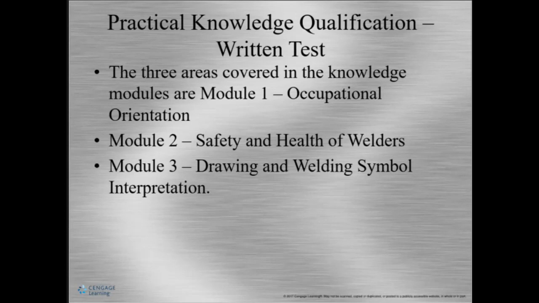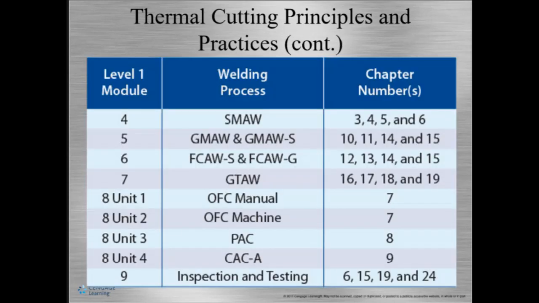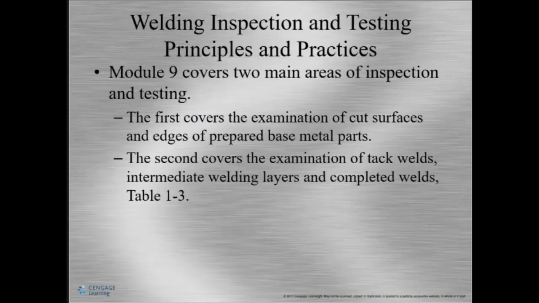As we go further down, we're going to work on thermal cutting processes like oxyfuel cutting and plasma arc cutting. So these are the chapters in our book. And then, of course, Module 9 also talks about areas of inspection, how to prepare parts, and what they're looking for in the job.